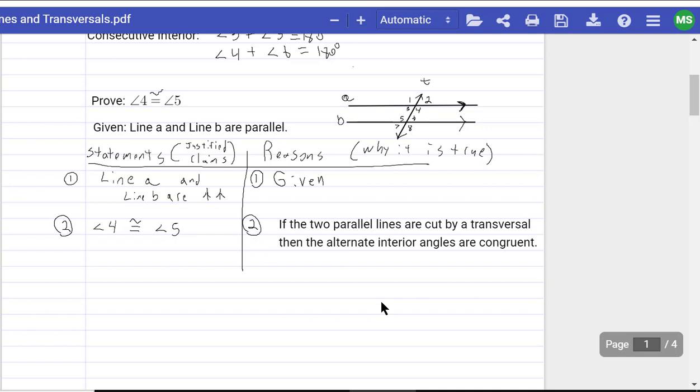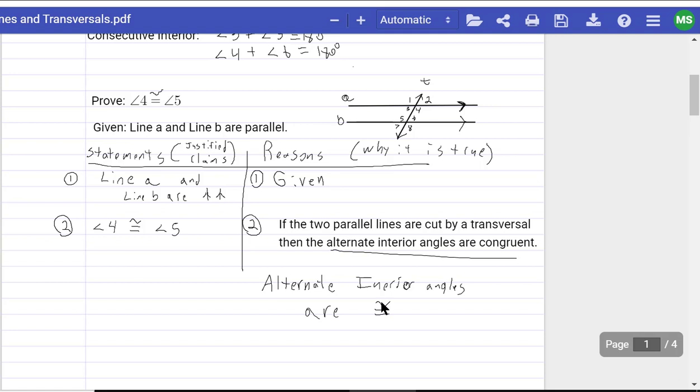Now, I am of a mind to tell you, hey, you can shorten this up. You don't have to have this terminology. You could just write down alternate interior angles are congruent. So you just need this part.